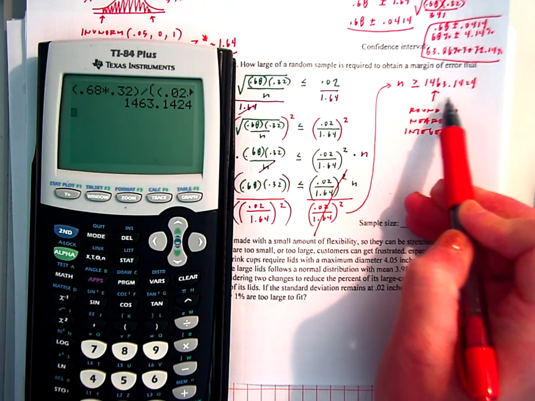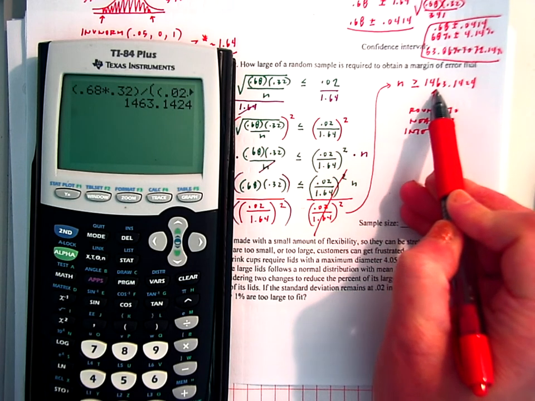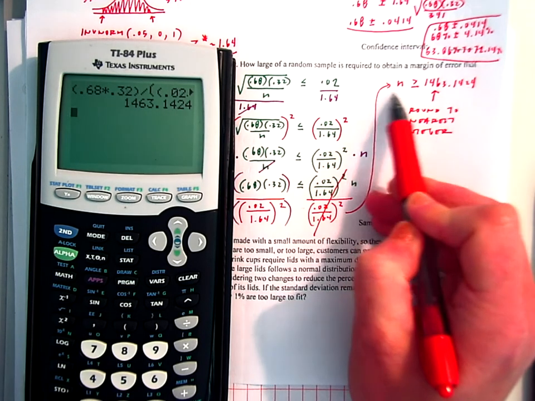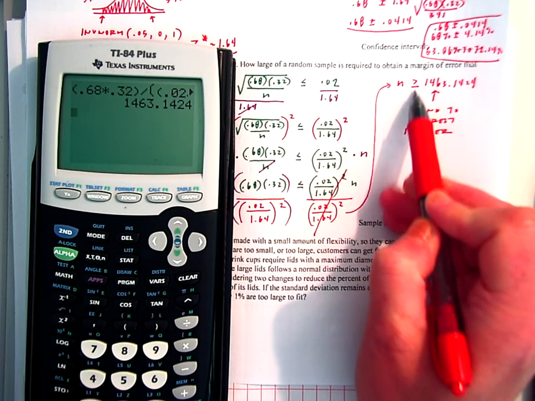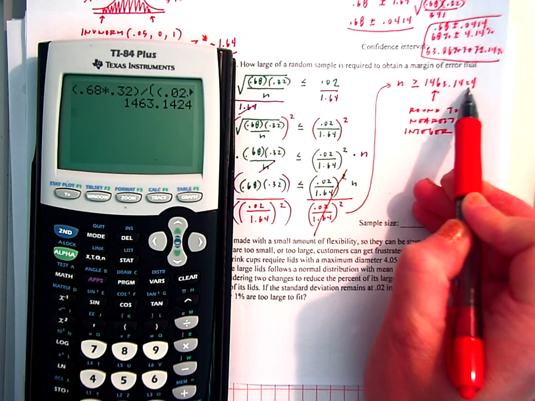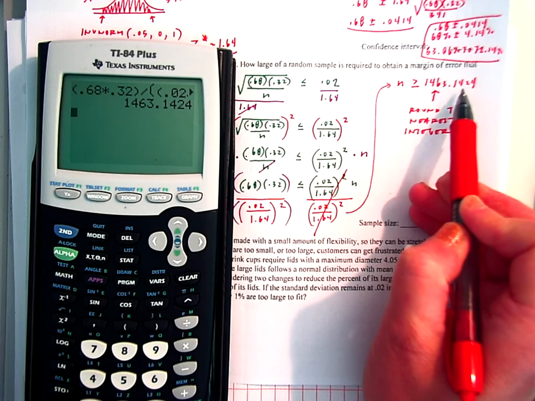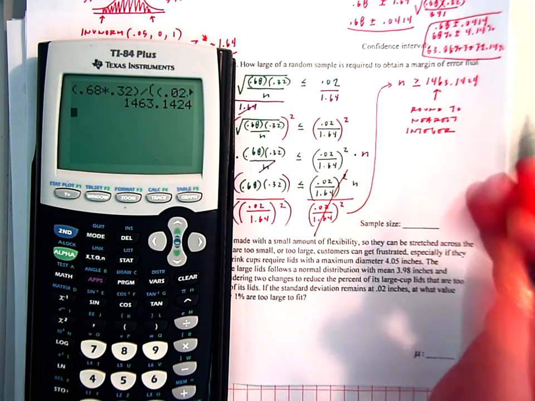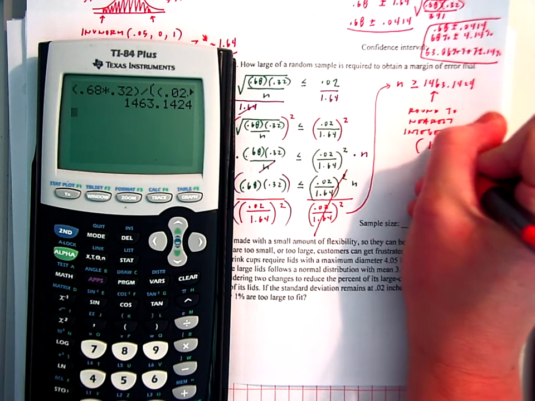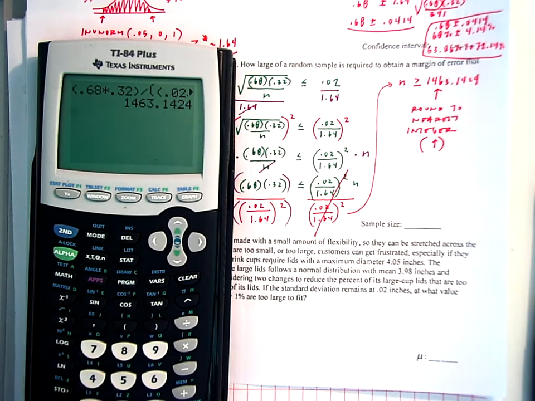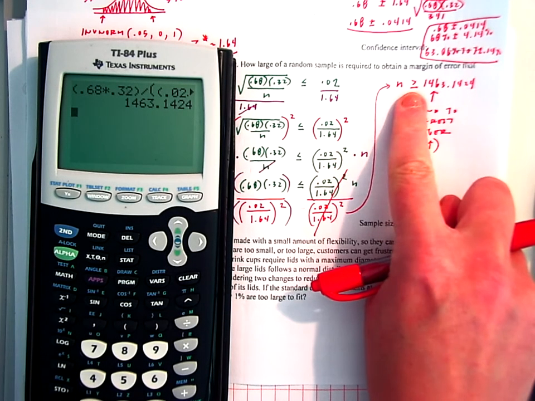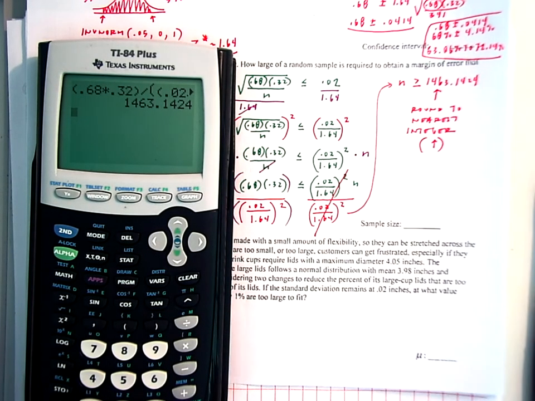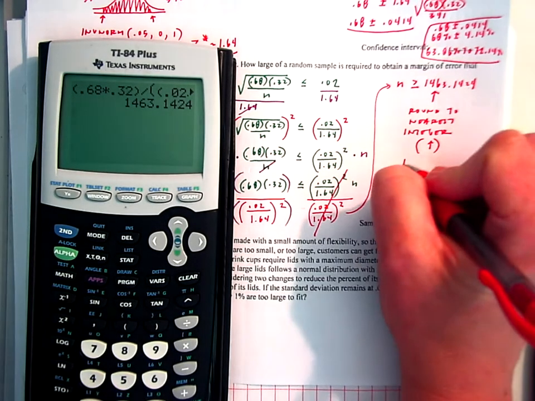So to make it true, let's think for a second. Let's say that I made it 1,463. Would 1,463 be more or equal to this figure right here? No. It has to be the number that is moving up. So when I round to the nearest integer, I'm always going up to the next one to make this statement true, where n has to be greater than or equal to that integer value.